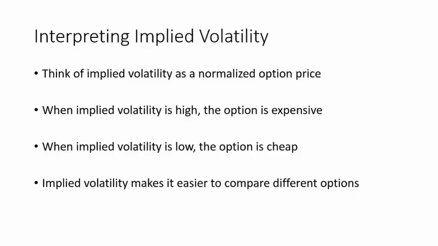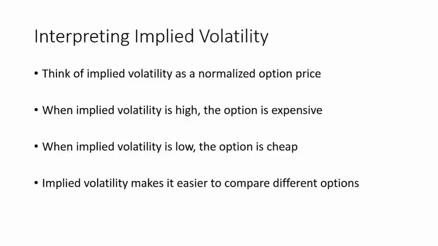And that implied volatility in some sense is like a price. It's telling you how expensive or how cheap the option is. So think of it this way. When implied volatility is high, it means the option is expensive, and when implied volatility is low, it means the option is cheap.